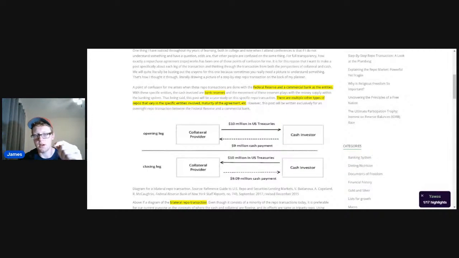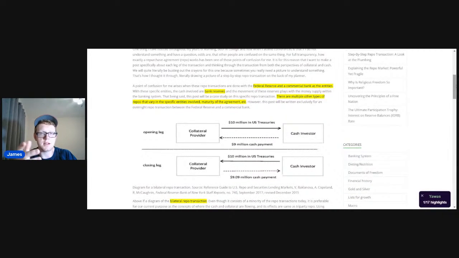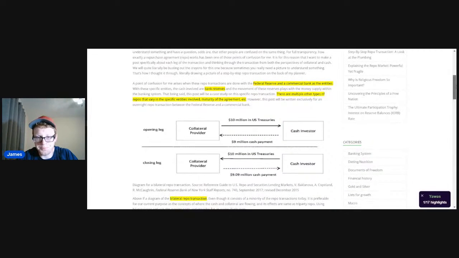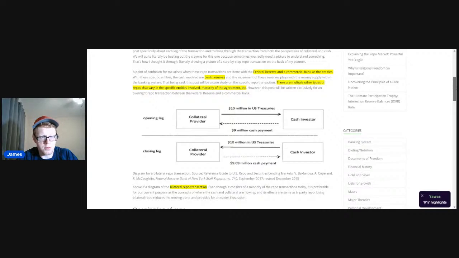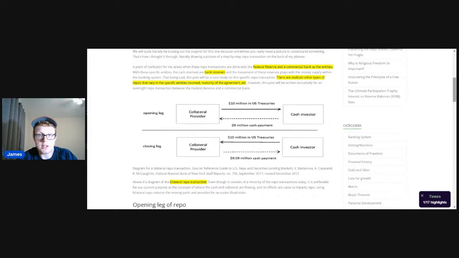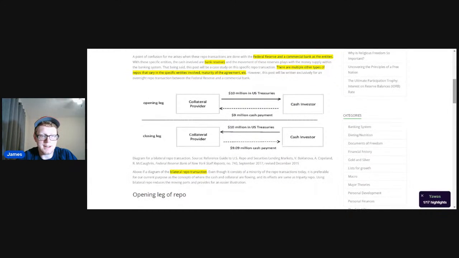The picture for the bilateral one is easier to conceptualize; it literally cuts out the middleman. Even though bilateral repo isn't the majority of transactions, tri-party is, and there are some technicalities between the two and how they change, which we'll get into in a minute with rehypothecation and stuff like that. But yeah, I just want to use that.